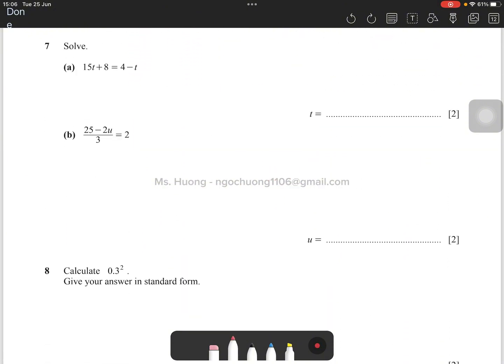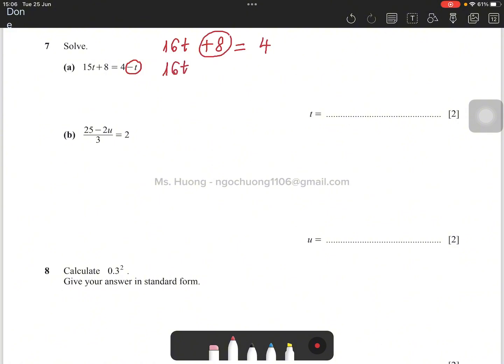Question 7. A. 15t plus 8 equals 4 minus t. First, we need to add t to both sides. So 15t plus t is 16t. Plus 8 equals 4. Then we subtract 8 from both sides.